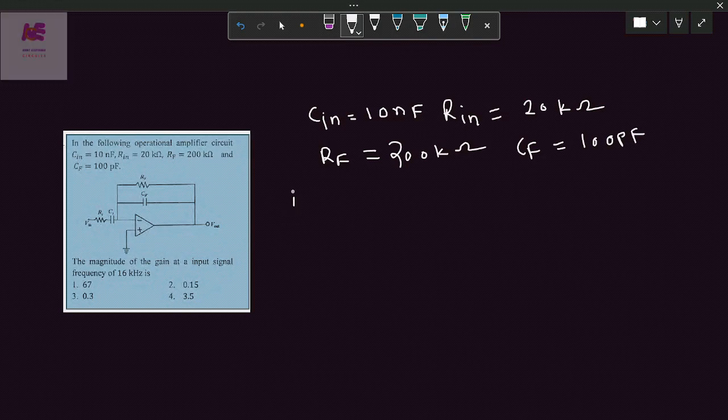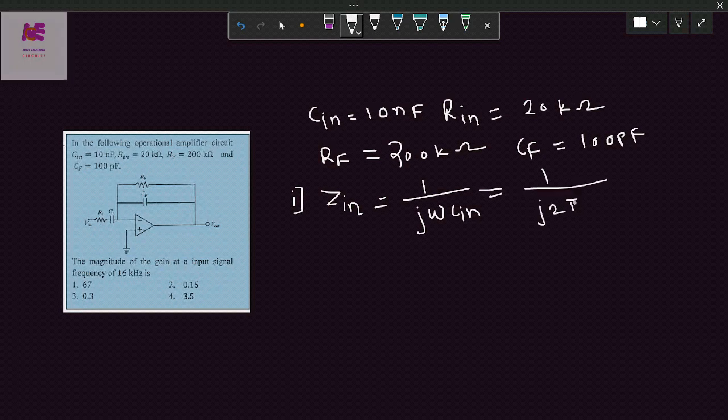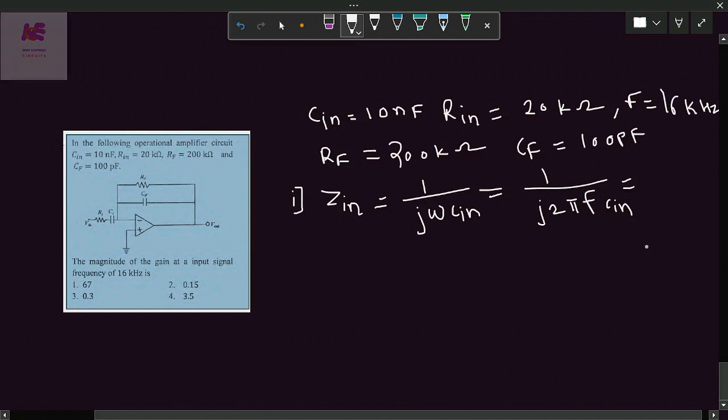First of all, in this case, we have to find out the reactance of the capacitor at the input terminal and in the feedback terminal. So I consider the reactance of the input capacitor Zin. The formula is 1 upon j omega Cin, which is nothing but 1 upon j 2 pi f Cin. The frequency is given, 16 kilohertz.